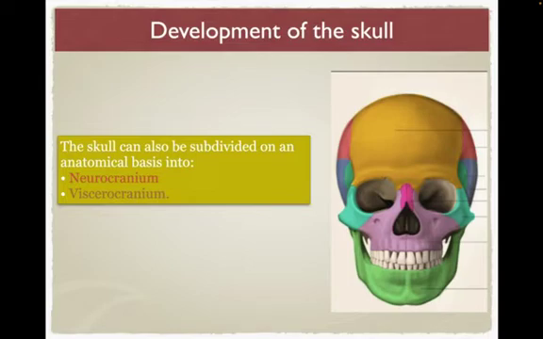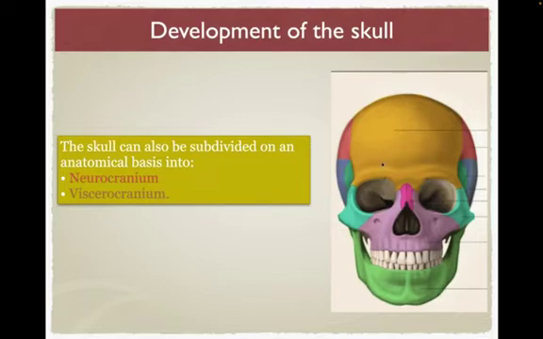Now we're going to talk about the development of the skull. First, we need to know how we classify skulls. We classify skulls into two parts: the neurocranium and the viscerocranium.